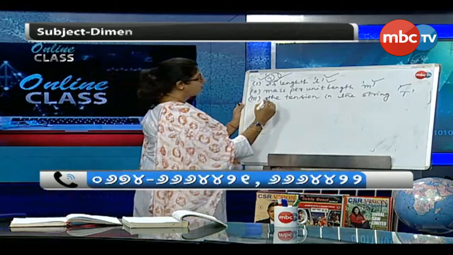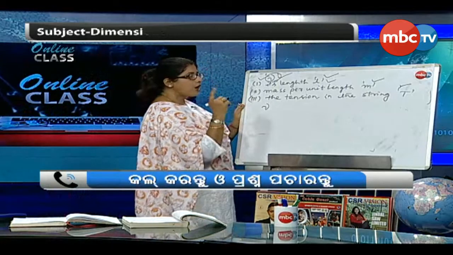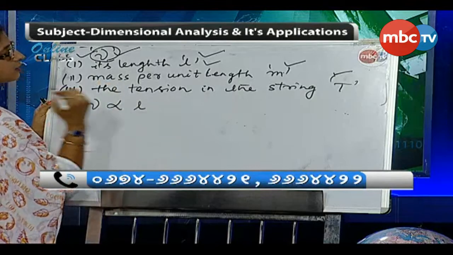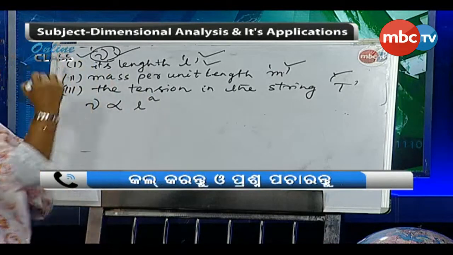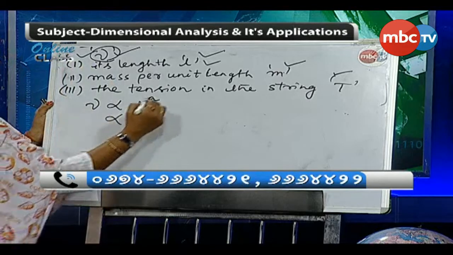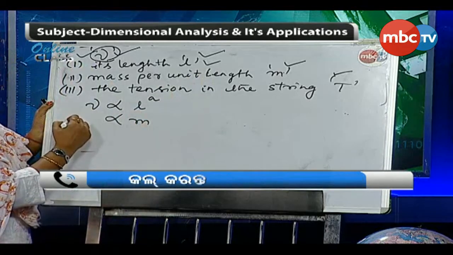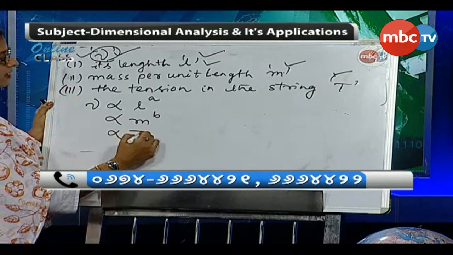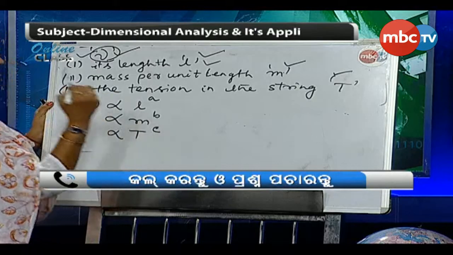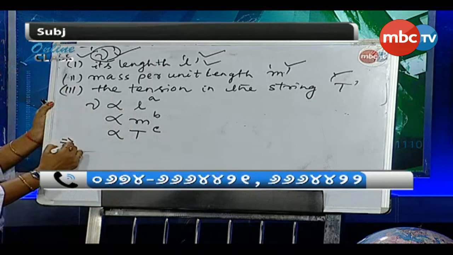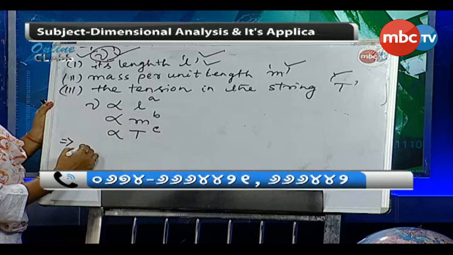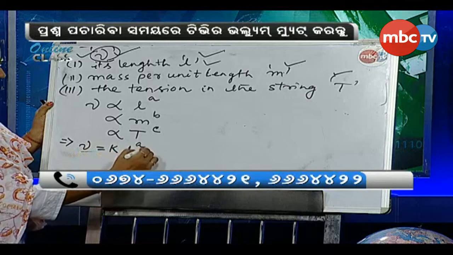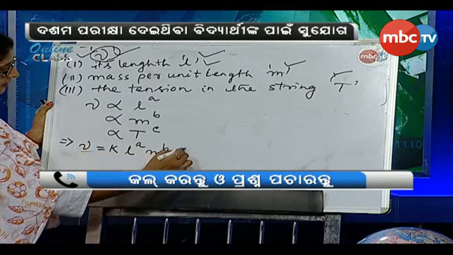So first do it as we did in the previous numerical. Let nu be proportional to L to the power A, also depends on mass per unit length to the power B, and on tension in the string to the power C. So nu is equal to K L^A M^B T^C.